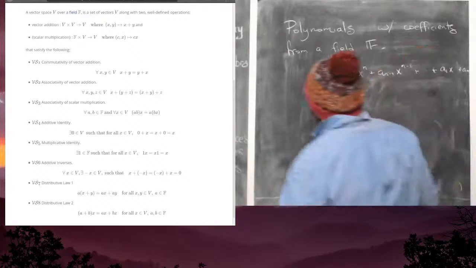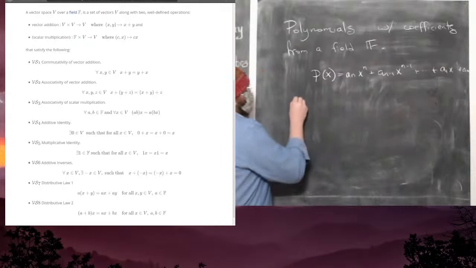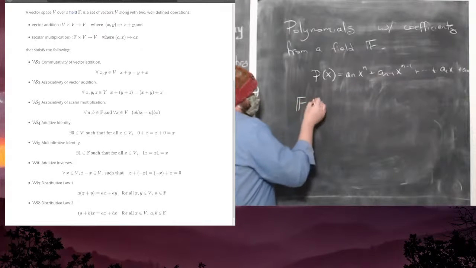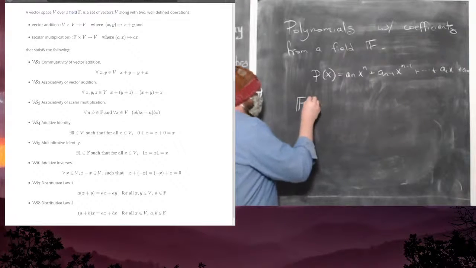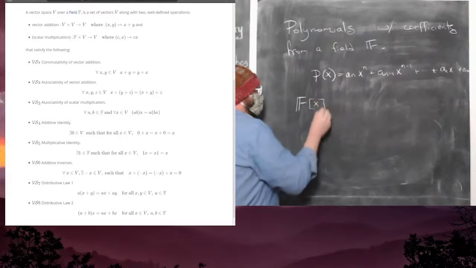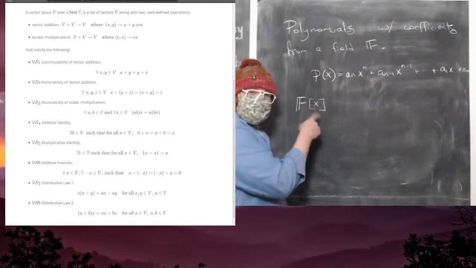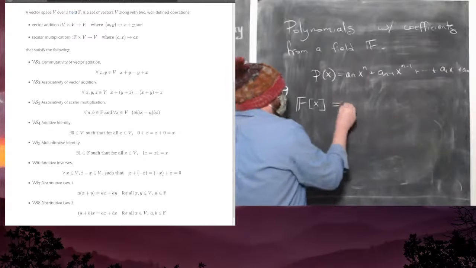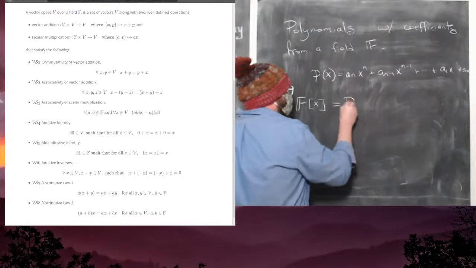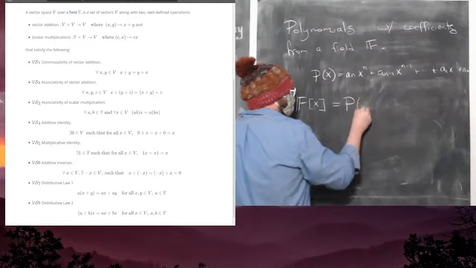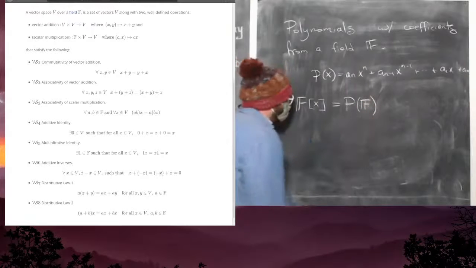There are two different notations for it. This is more of an abstract algebra notation. You can also say this notation, polynomials over some field.